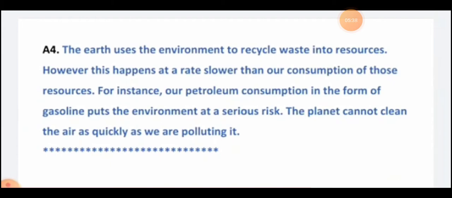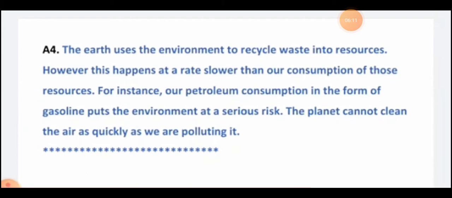However, this happens at a rate slower than our consumption of those resources. For instance, our consumption in the form of gasoline puts the environment at serious risk. The planet cannot clean the air as quickly as we are polluting it. Yes, the earth cannot clean the air as quickly as we pollute it.